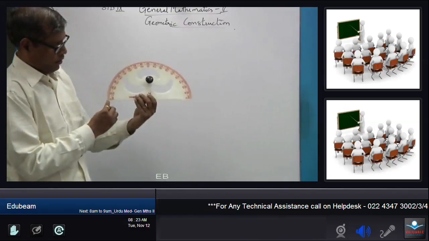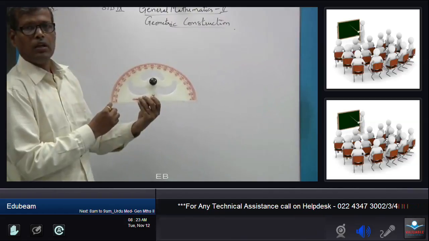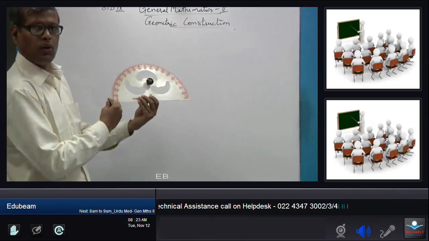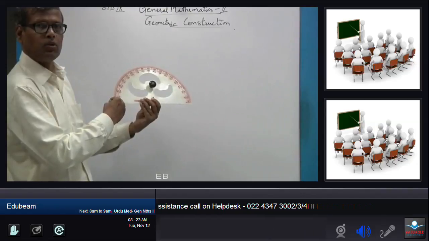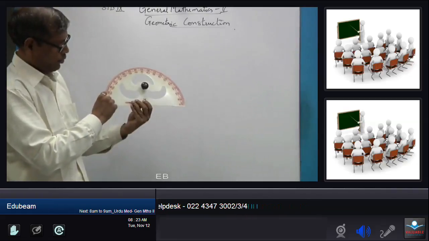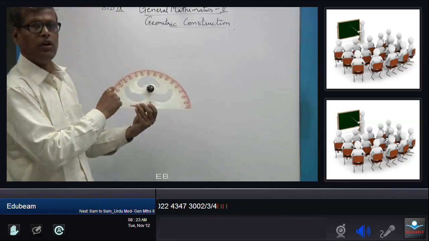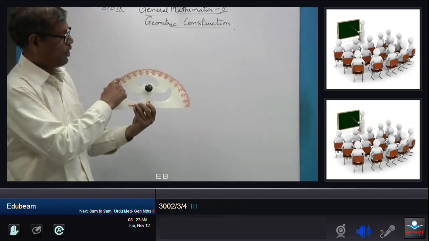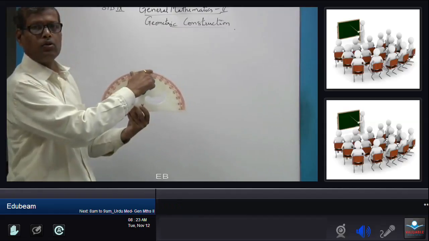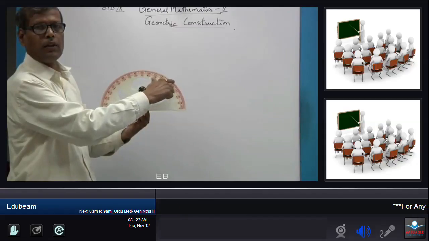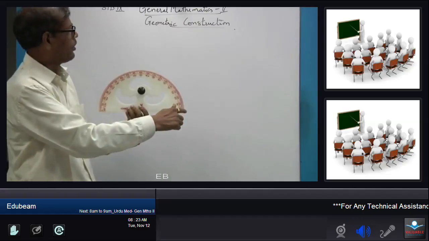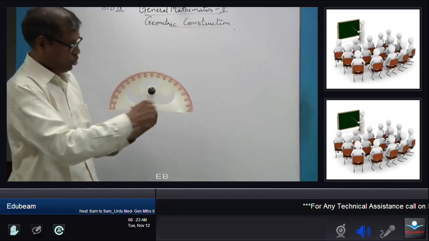And if you are going from the other end, 0, 10, 20, you go on the inner lining here. Inner lining, that means you are going in the clockwise direction. You are going from the inner side of it. And when you are going from the 0 on the other side, you go on the outer side.